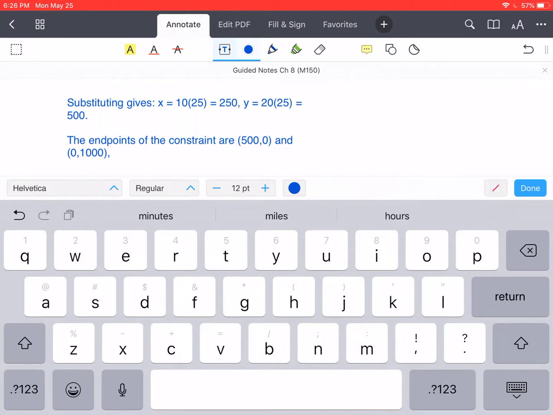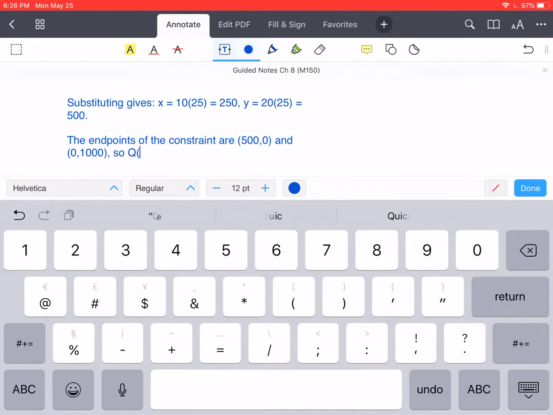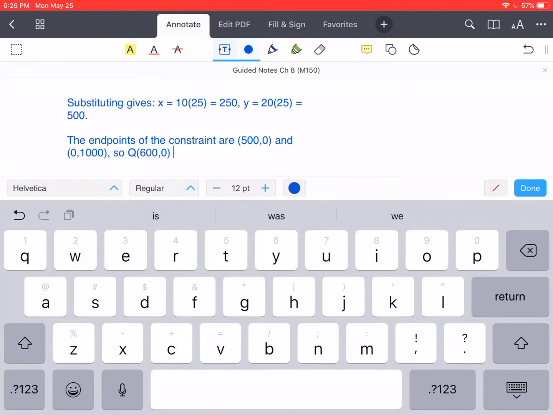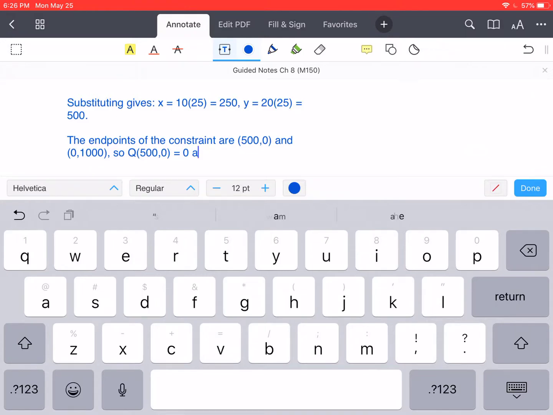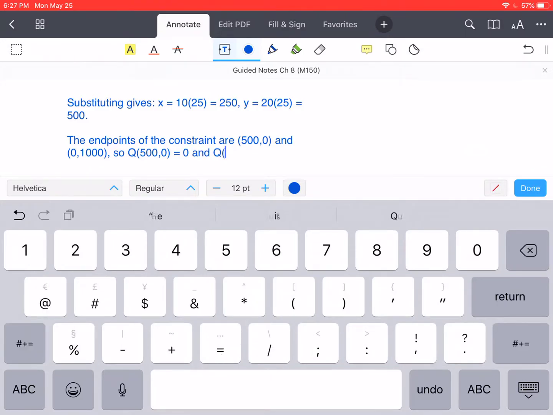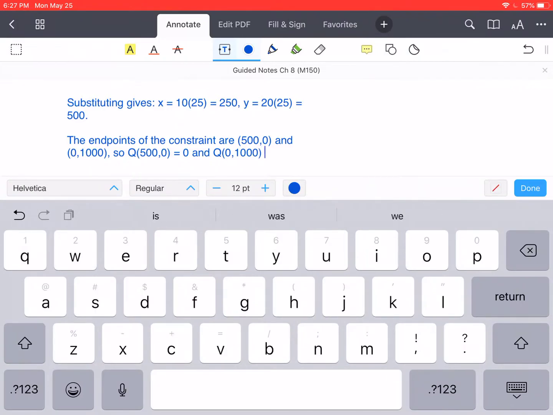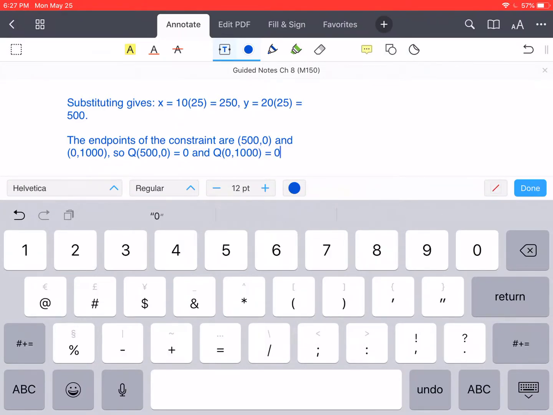Okay. Anyway, so the endpoints of the constraint are 500, 0, and 0, 1,000. So when we look at the function evaluated there, we see that, in fact, both times it's going to give us 0, because we're just multiplying x times y in the original function q.